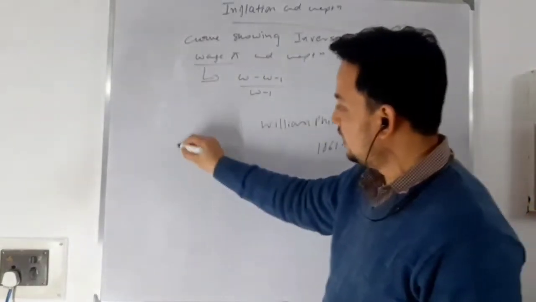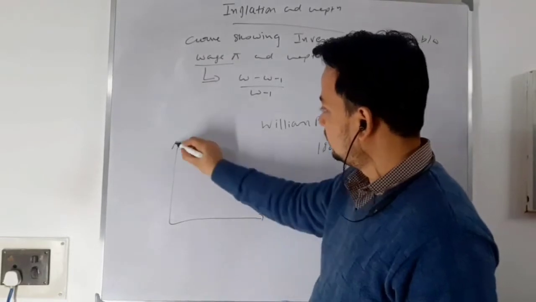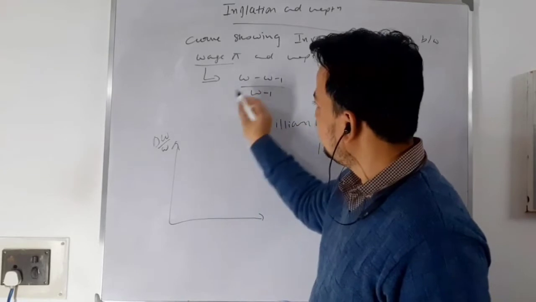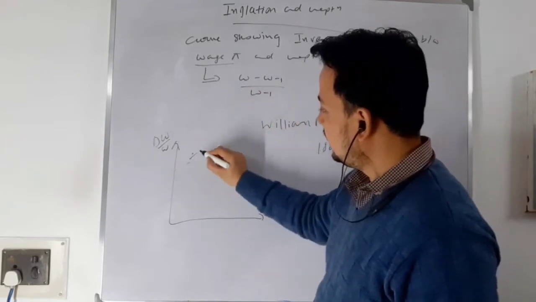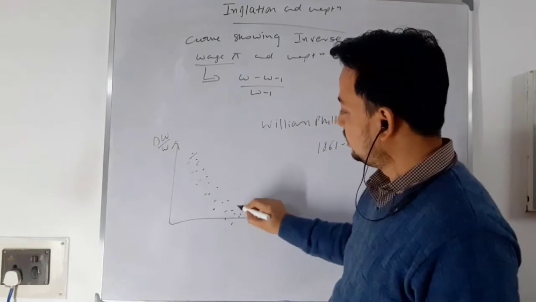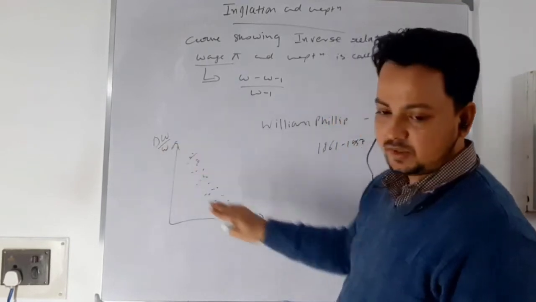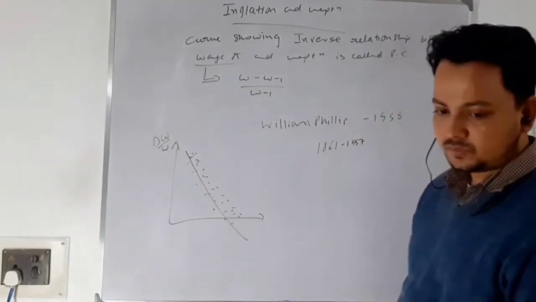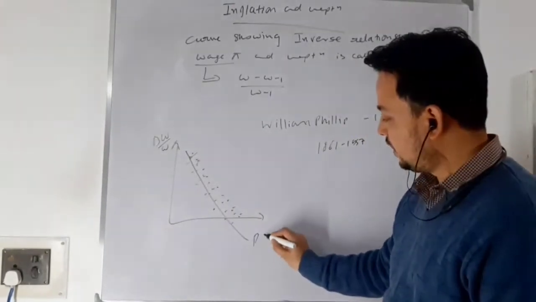Based on his empirical study, he came to the conclusion that delta W over W, where this is delta W, has a stable and non-linear relationship with unemployment. That is why it is called the Phillips curve.